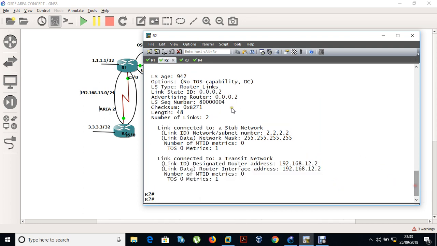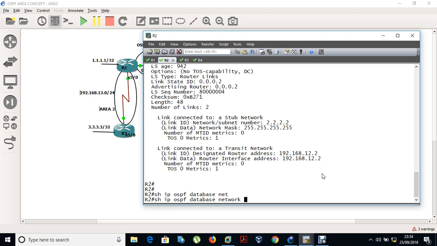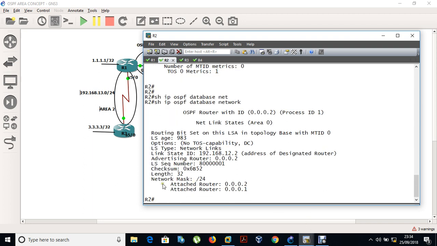And R2 is advertising its network, which is also a loopback network. And if you say network LSA, which is type 2 instead of type 1, it will tell you exactly the same information that we have seen in here: R2 and R1 attached on this interface.